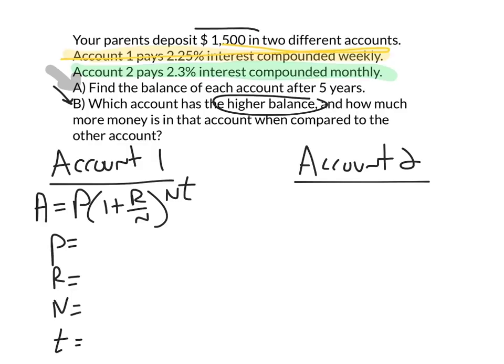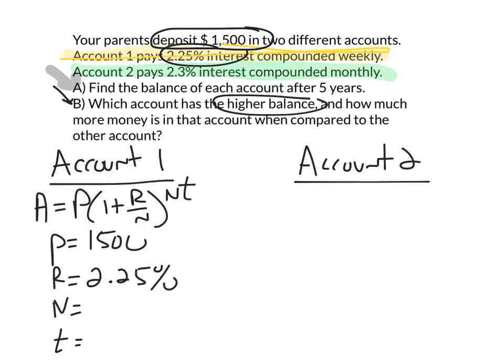It says for both of these accounts, the principal is $1,500. So here our principal is $1,500. Account 1 pays 2.25% interest. So if we go 2 decimal places to the left, here the R for account 1 is 0.0225. It says how much is going to be in each of these accounts after 5 years.